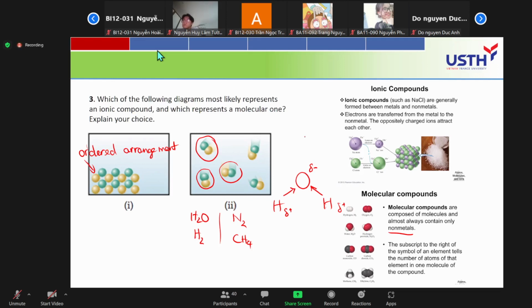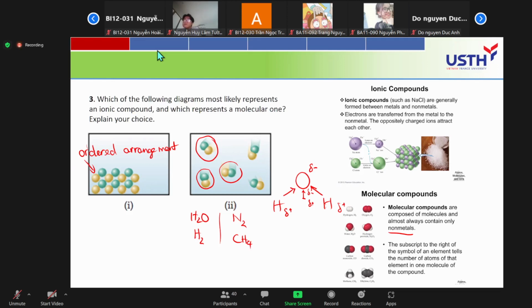So we have a vector of polarity. Even though the polarity of water is quite small, it can still keep the water molecules quite close together.